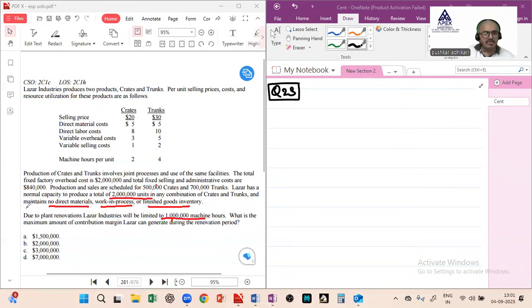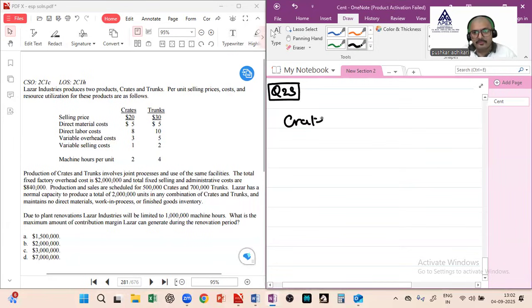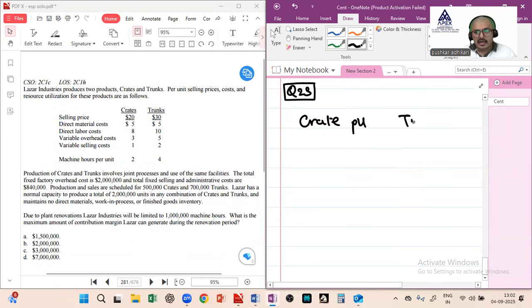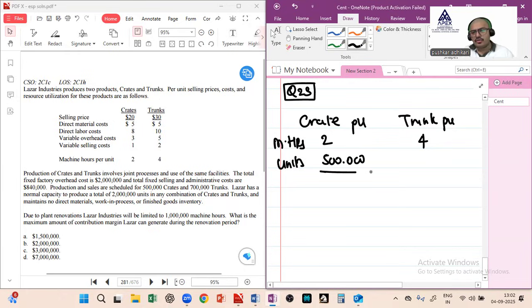Now, here comes the problem. Please pay attention to crate. A crate per unit and a trunk per unit require 2 machine hours and 4 machine hours respectively. I hope everybody agrees. Now, what are the units of crates that you aspire to make?